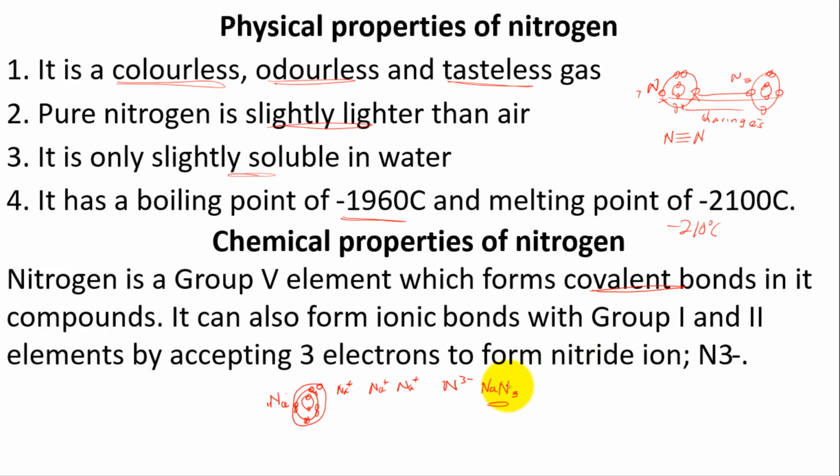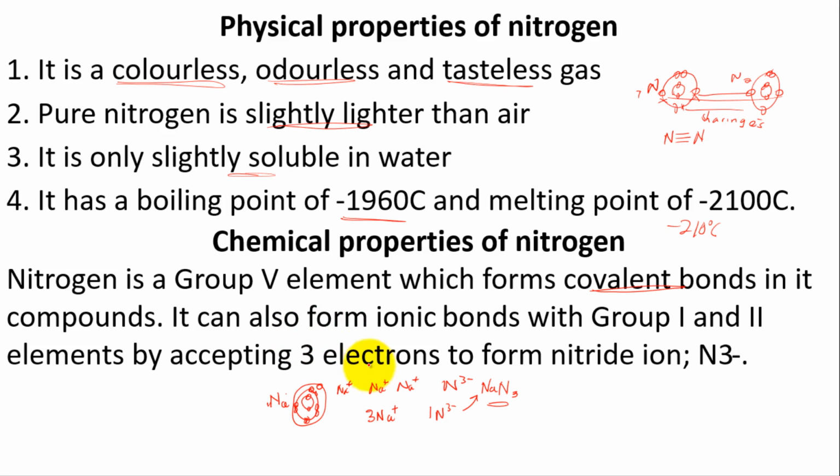Because this is getting how many? Getting 3 sodium plus, combining with 1 N 3 minus. And when it happens, it's formed. Because the 3 will go to this, the 1 will come to that, the 1 will come to this.